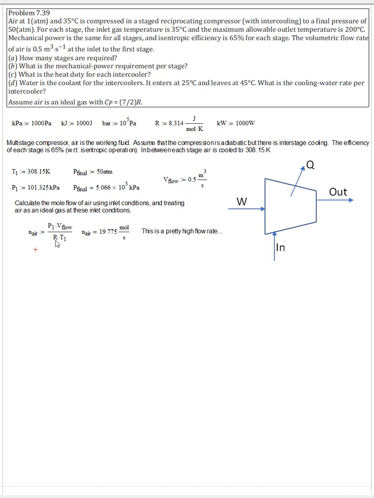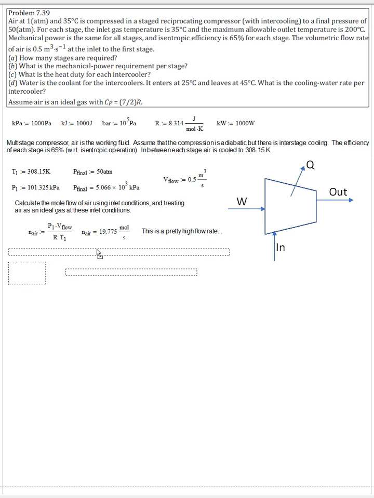That's P times V over RT. We plug in values for P1, our inlet pressure, our volumetric flow rate, the ideal gas constant, and our inlet temperature, and we get a value of about 19.8. That's a pretty high flow rate, but that's what we're given, so we'll go through it.